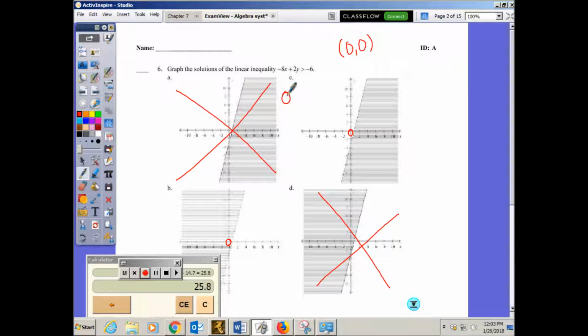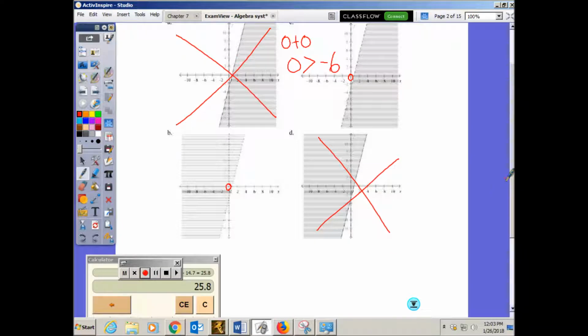And 2 times 0 is 0. And 0 plus 0 is 0. Is 0 greater than negative 6? Yes. So guess what? It's a possible solution. Meaning you shade the side that it's on. Hence why this is the answer.